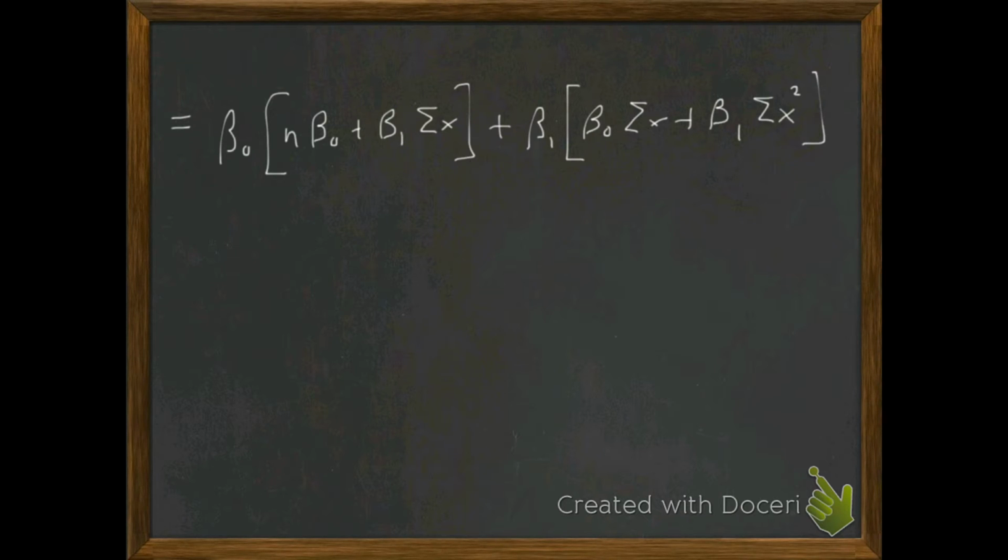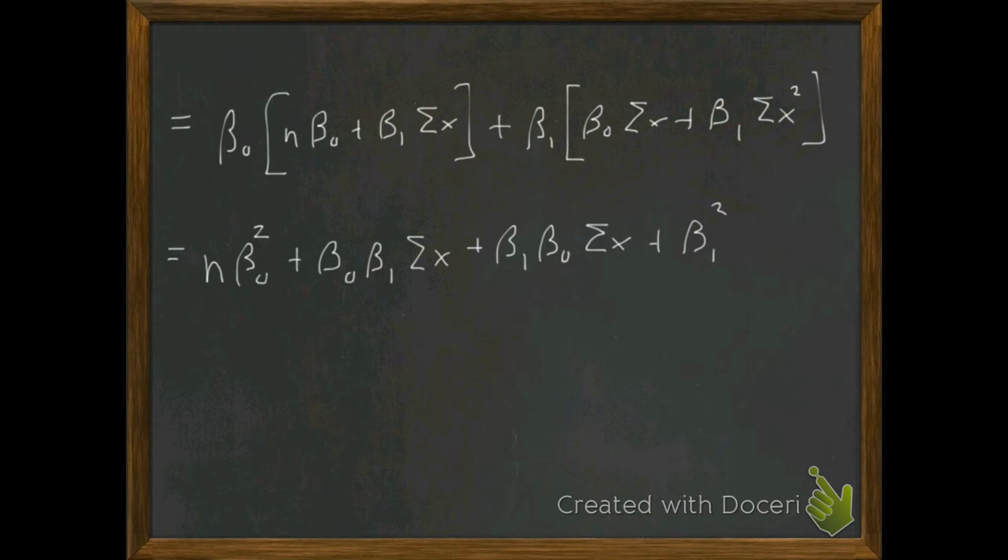Okay, so what I'm going to get here is n beta 0 squared plus beta 0 beta 1 some x plus beta 1 beta 0 some x plus beta 1 squared some x squared. And we can see that these two terms are identical.